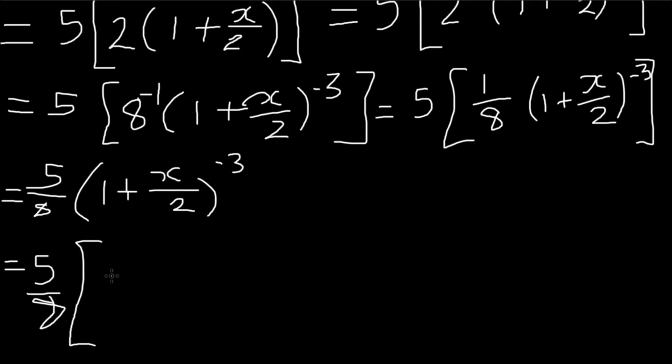I can now use the extension to expand this. So this 5 over 8 is here, and then the extension is what I'm going to use to expand that. So the first term in the extension is always 1. The second term we all know to say is always n. So according to my expression here, my n is negative 3, and my value of x there is x over 2.